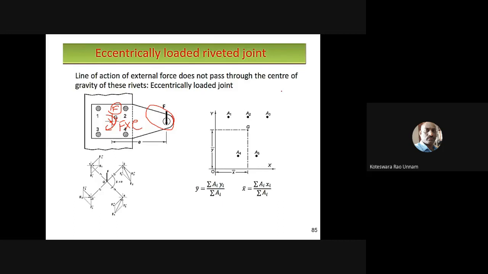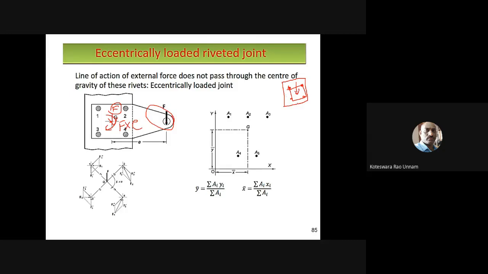Say I have a body something like this. This bracket is supported at 4 locations here, and it is subjected to a force exactly at the center. So how are these rivets going to share this force?